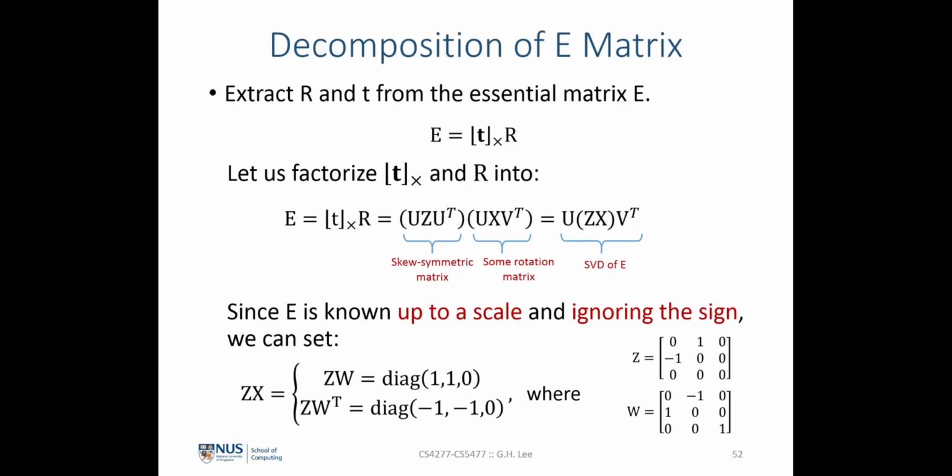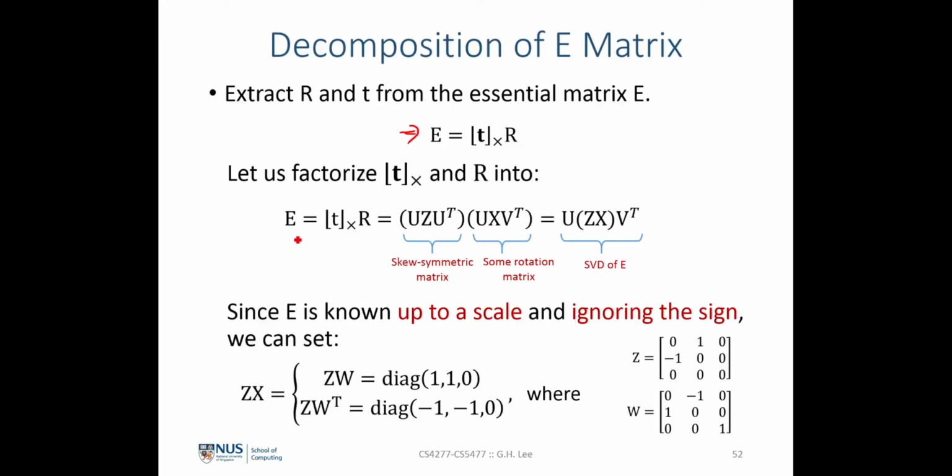Now we'll look at how to decompose a given essential matrix into the translation vector and the rotation matrix. So we'll start from this particular equation that we have seen earlier, where we have proved that E equals the cross product of the translation vector and the rotation matrix.